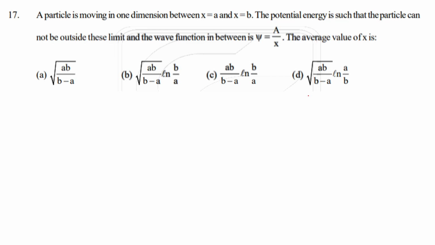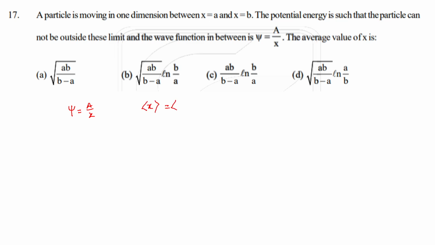On the next question, question number 17. A particle is moving in one dimension between x equal to a and x equal to b. The potential energy is such that the particle cannot be outside this limit, and the wave function is psi equal to a by x. You need to find the average value of x.